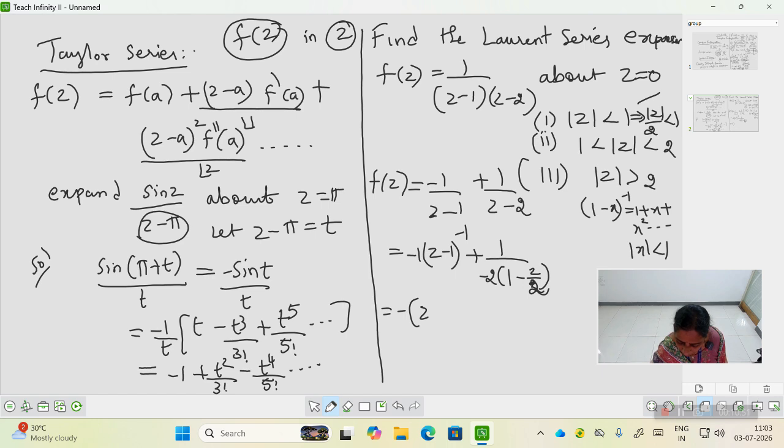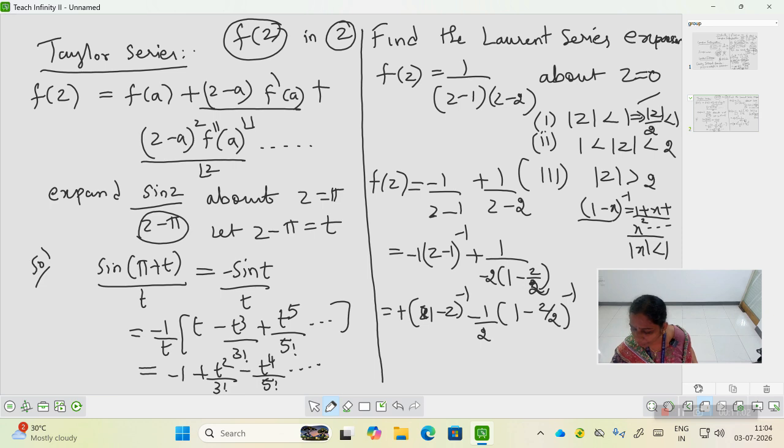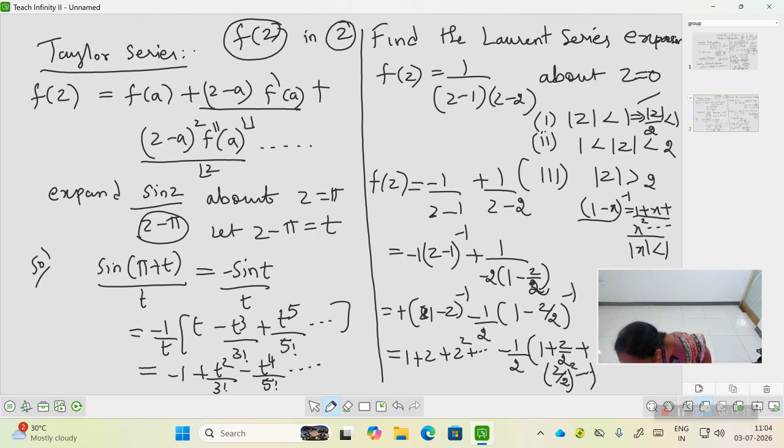If I take minus out, it will become plus. So 1 minus z whole inverse minus 1 by 2, 1 minus z by 2 the whole inverse. Can you understand? I took minus 1 out because as per this binomial expansion, it should be like that. So it is equal to 1 plus z plus z square, etc., minus 1 by 2, 1 plus z by 2 plus z by 2 the whole square, etc. It goes on. Generally I can write this as 1 plus z square.